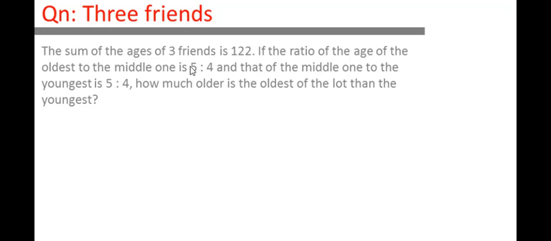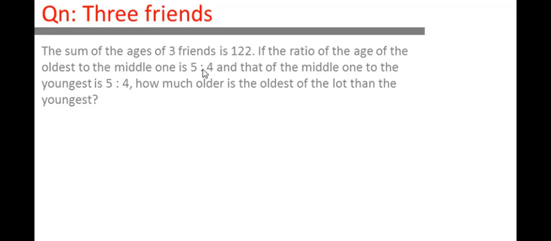So here 5 is to 4 and 5 is to 4 is common, but you have three scenarios, three friends, so you are comparing the age between three friends. So I can write first friend, second friend and third friend.